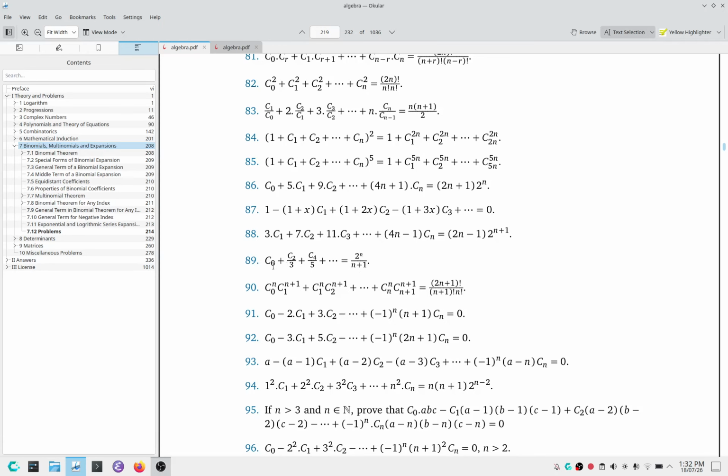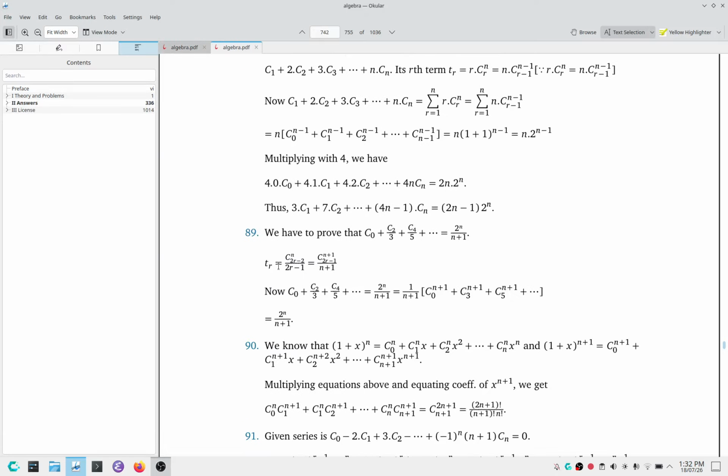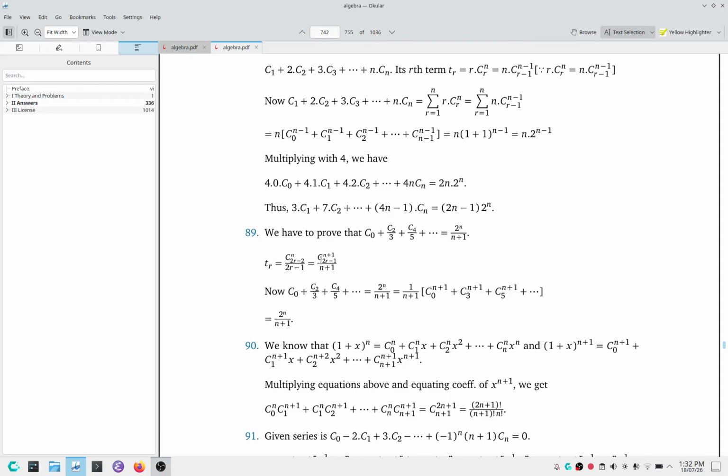Question 89 says that we have to prove that C0 plus C2 upon 3 plus C4 upon 5 and so on is equal to 2 to the power n upon n plus 1. So here Tr is 2, 4, 6, that way, only even terms are there. So Tr is equal to nC2r minus 2 upon 2r minus 1, which is equal to n plus 1 C2r minus 1 upon n plus 1.